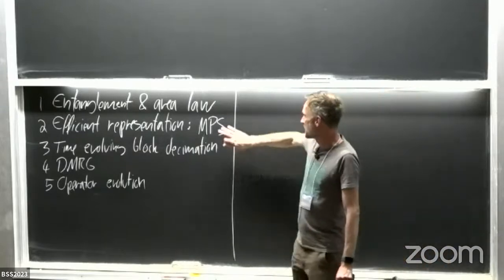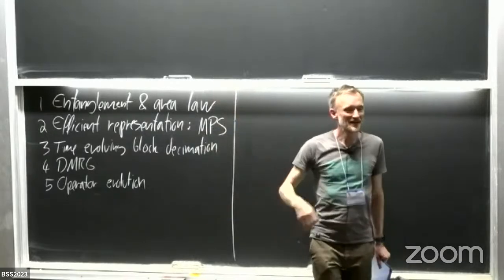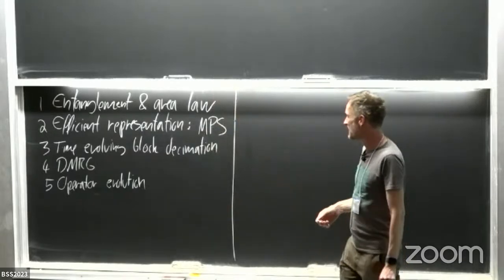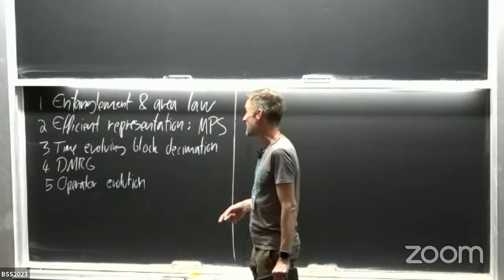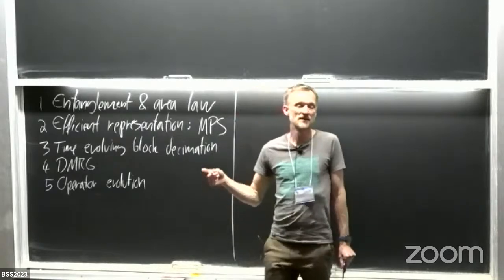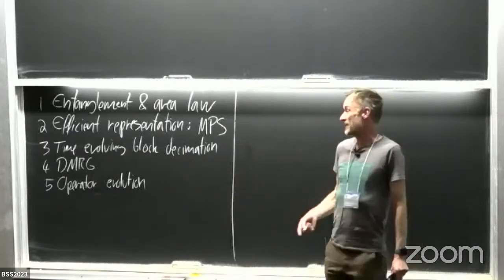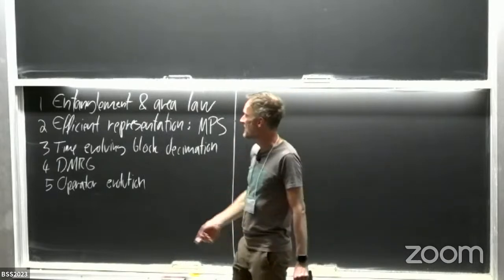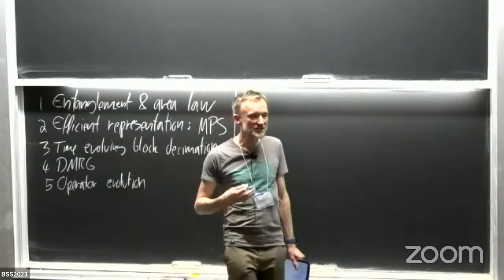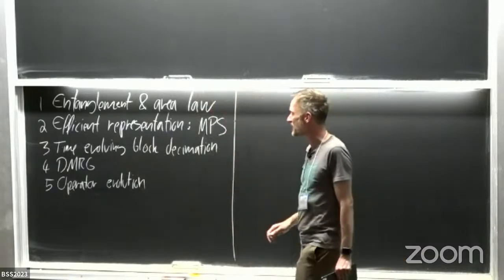And based on these matrix product states, there are many algorithms that use this, and I picked 3 algorithms. The first one is particularly simple and quite useful because it allows us to do a time evolution of quantum many-body states, and also finding ground states using imaginary time evolution. And then I'm going to discuss a variational method to find ground states within the manifold of matrix product states.